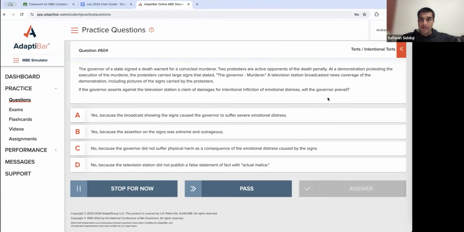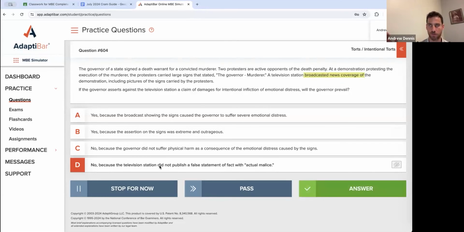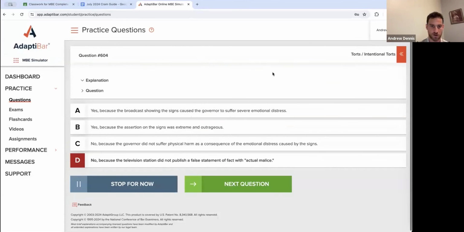I ruled out C because I don't think that's in the fact pattern. It's possible the government started having nightmares, but I don't think that's in the fact pattern. No, this is IIED. I don't know if actual malice is relevant to that. I think they didn't publish a statement. They just broadcast the news. This is public. It's what the news people do. So I'll go with D here as well.